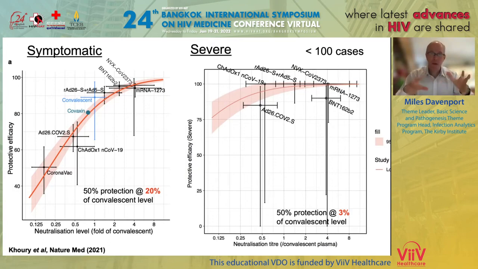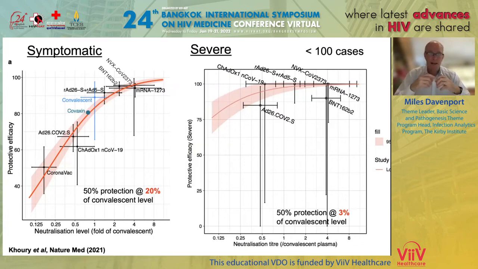But nonetheless, we can fit the same model for protection. Shown here, you can see the confidence intervals are substantially wider. And what we find is that whereas 20% of the convalescent antibody level was needed for protection against symptomatic infection, you only needed 3% of the convalescent antibody level for protection against severe disease, about 6-fold lower.